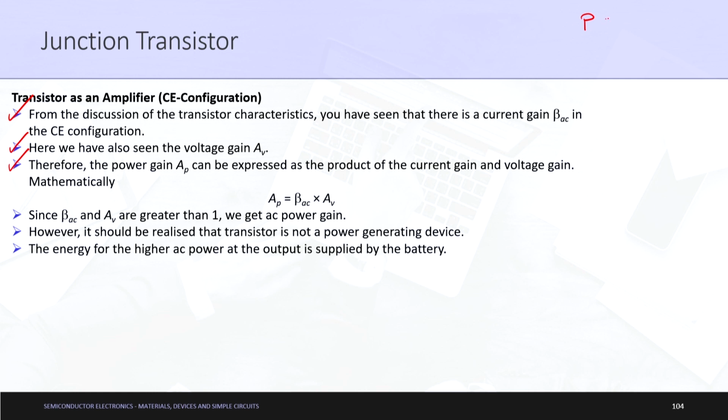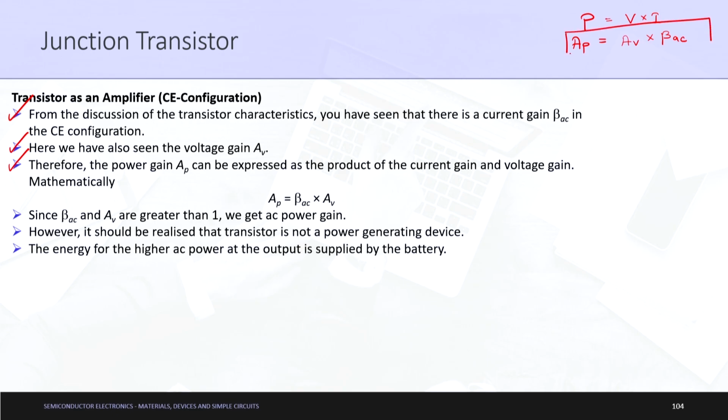Therefore, we can write the power gain AP as the voltage gain, which was AV, times the current gain, which is beta AC, or the amplification factor. This is how you can understand this concept.